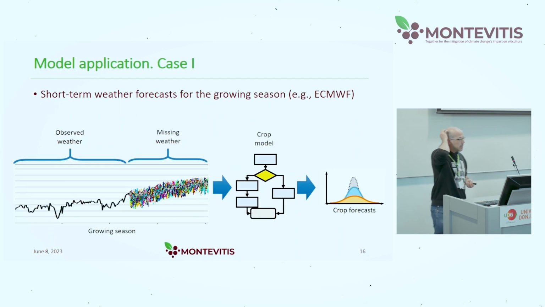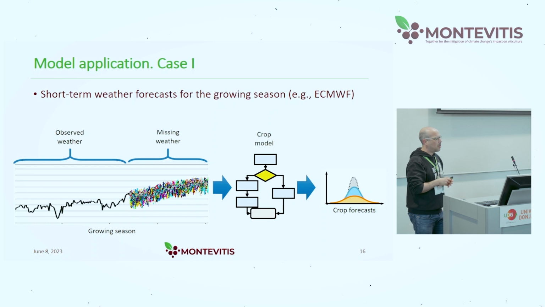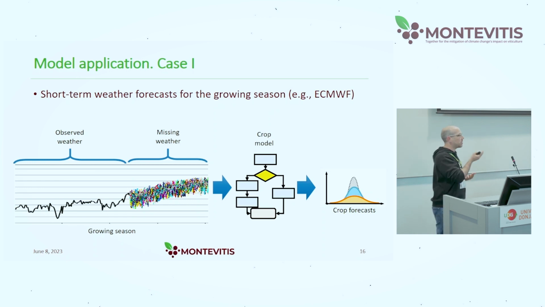And then I put here two different examples of model application. In this case, it's a seasonal forecast model in which we have the observed weather from the beginning of the season until today, and then we estimate what will happen in the future. As Christoph said yesterday, we have some Copernicus seasonal forecasts for the next months.